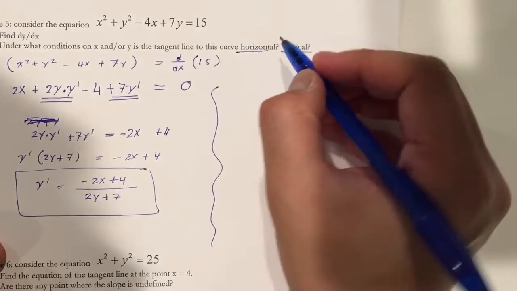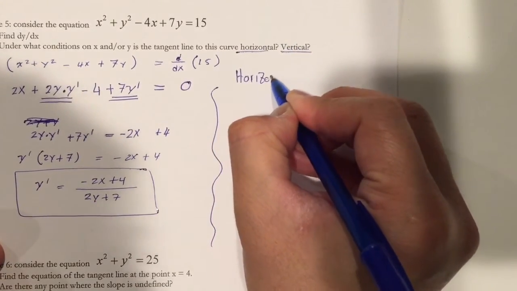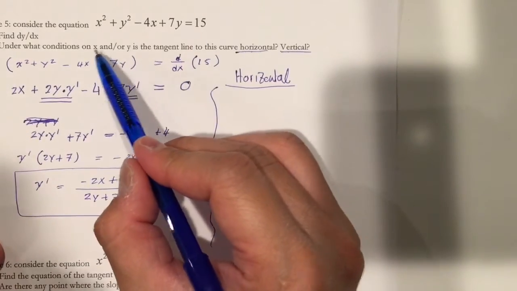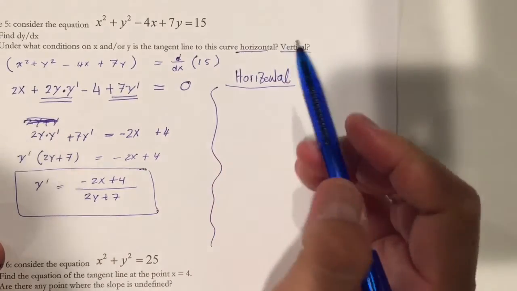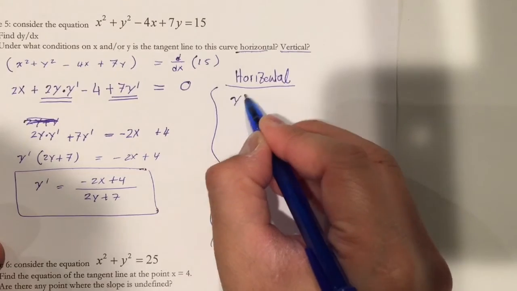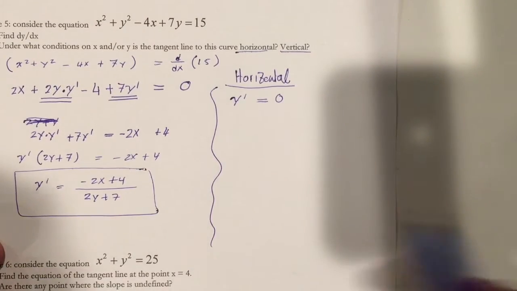Now, when is it horizontal? Under what conditions of x and or y is the tangent line to the curve horizontal? Well, first of all, horizontal means that the derivative equals 0. That's when the tangent line is horizontal.